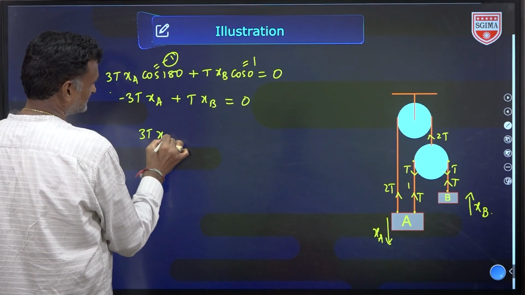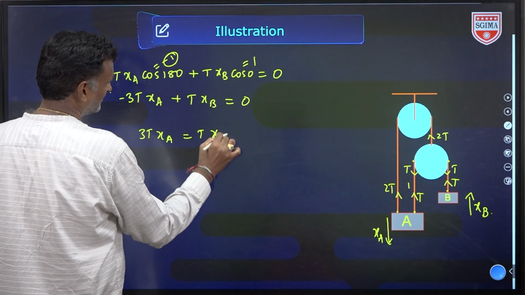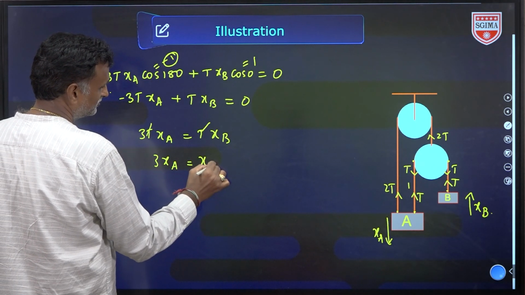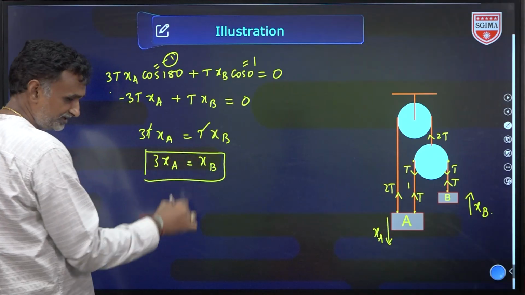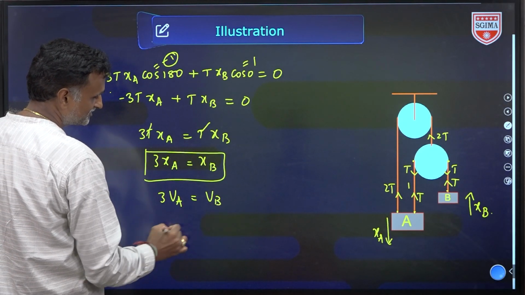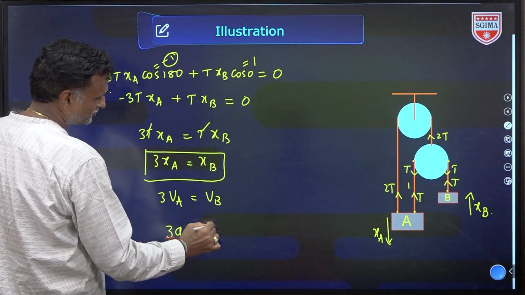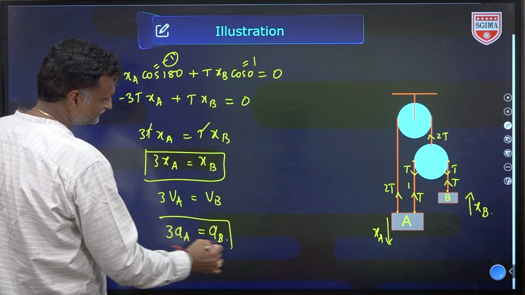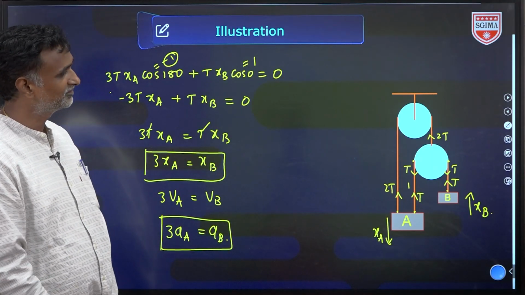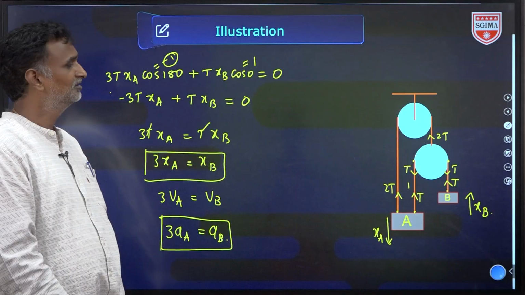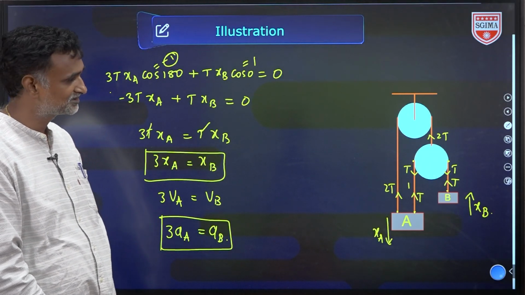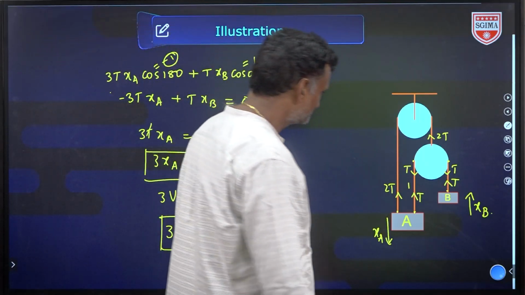So, 3T XA equal to T XB. T cancels, so finally 3 XA equal to XB, and we can write the same kind of relations for velocities and accelerations also. This is one of the simple ways to solve for the relation between velocities, displacements and accelerations of the blocks.